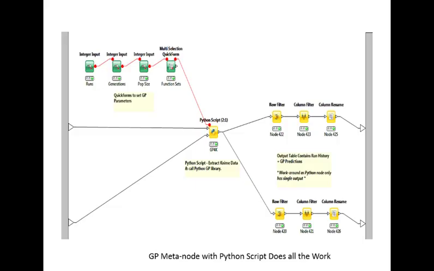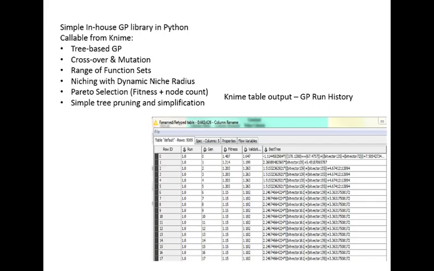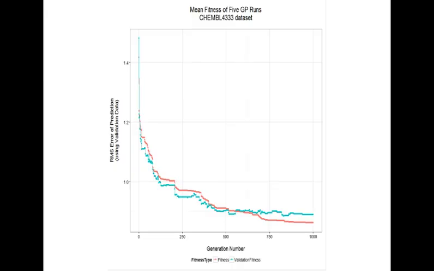There's a Python script hidden inside the node that does all the work, so it really is the same as a regular program, but it doesn't require me to write any code or know or care about a command line, because I don't think big data are going to make it into our community if it relies on command line users only. And it gives you a whole list of stuff there.